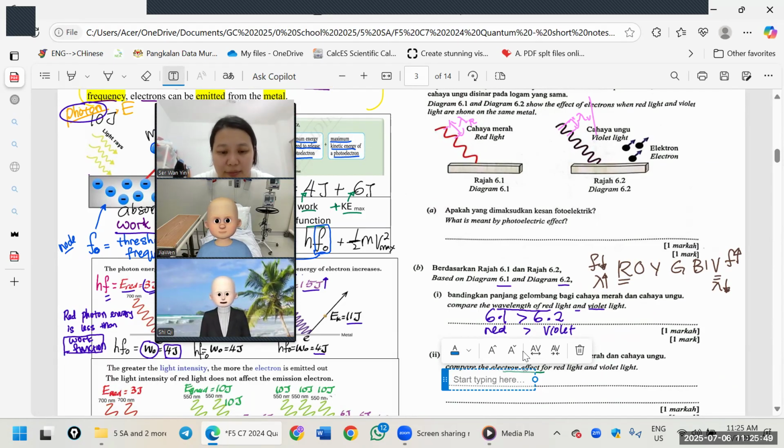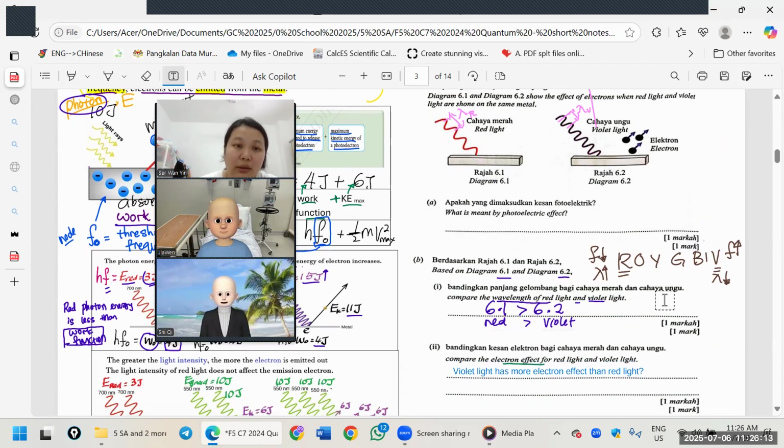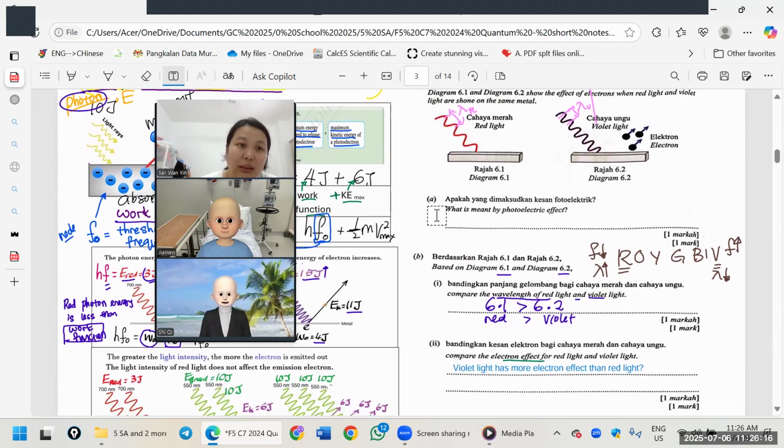Can I say violet light has more electron effect than red light? Okay, I encourage you not to do that. Even though we always say more, this one is obviously what?